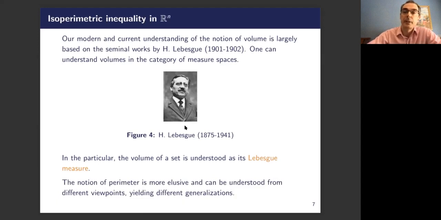The notion of perimeter is more elusive and took much more time for mathematicians to formalize rigorously. So actually, the notion of perimeter can be understood from different viewpoints, yielding different generalizations.